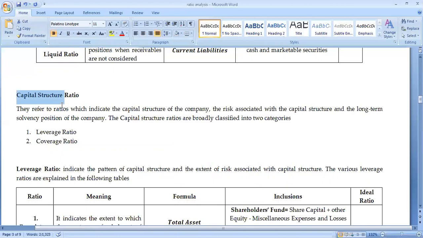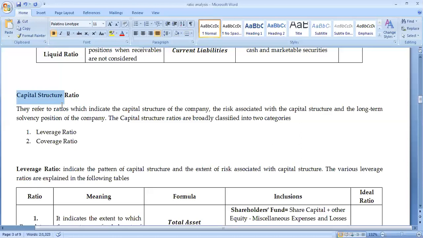Capital structure consists of debt and equity, which is used by the company to finance its overall growth as well as its operations. For the growth and overall improvement of the company, you need this capital structure.